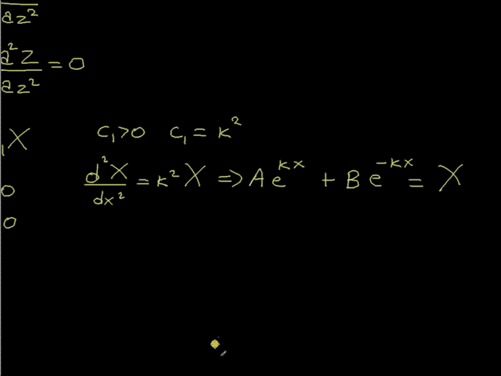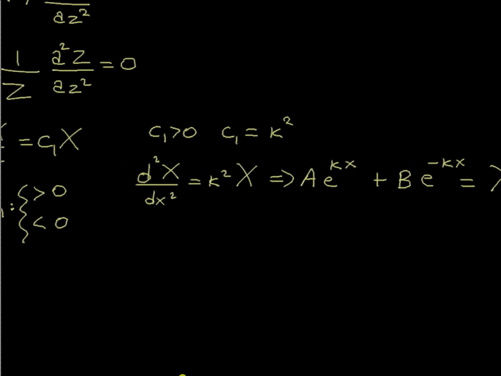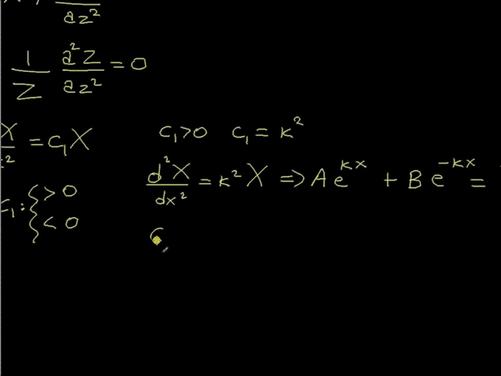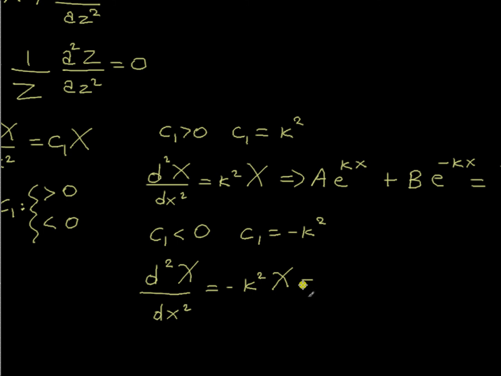Now, I'm going to examine the other case where C1 is a negative number. In that case, I will write C1 as minus k squared, and my differential equation becomes the second derivative equals minus k squared times the function x.